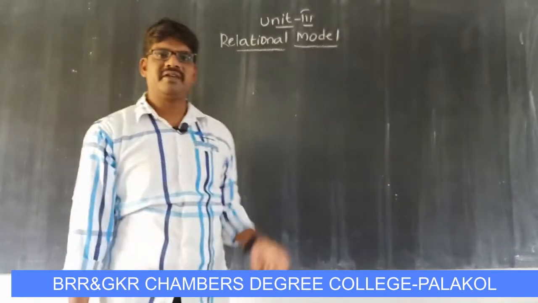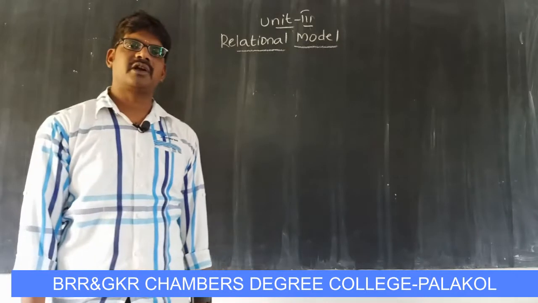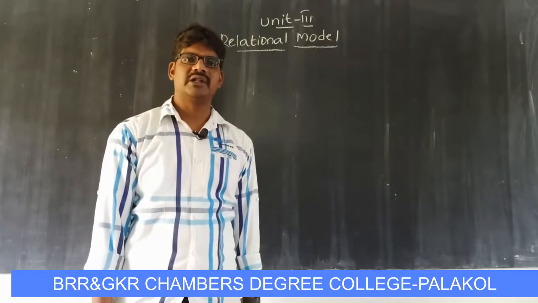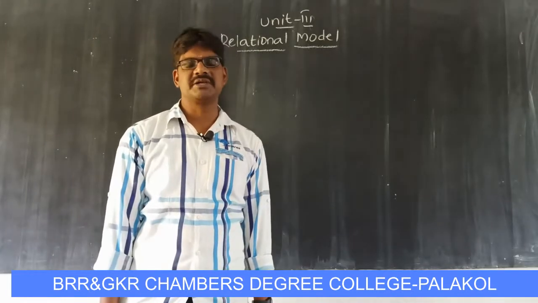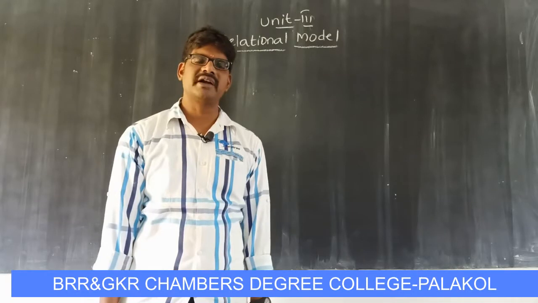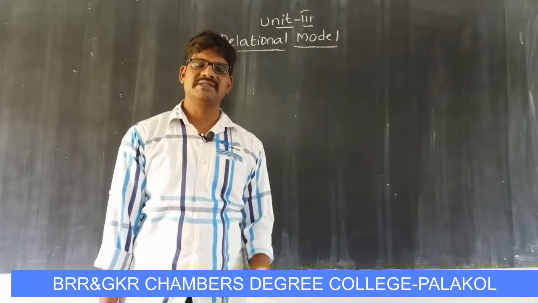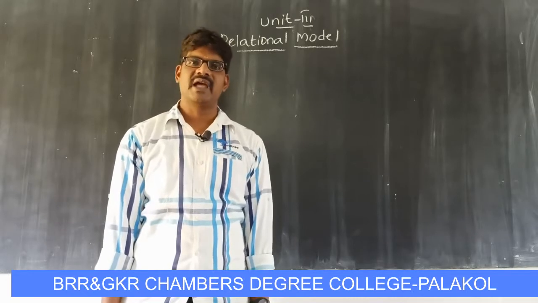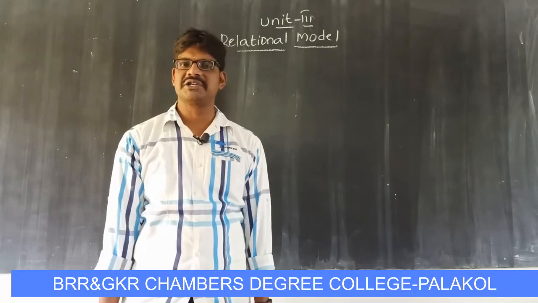In the previous unit we already discussed one of the important data models, that is the entity relationship model. In that entity relationship model we discussed some basic components of ER models, that is entity, attribute and relationship.